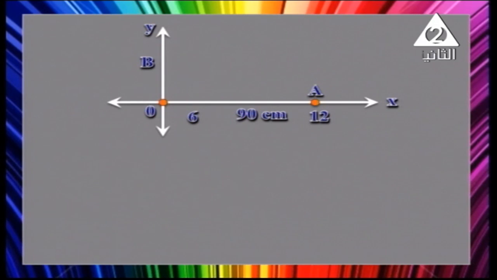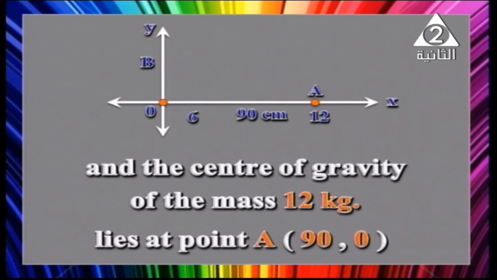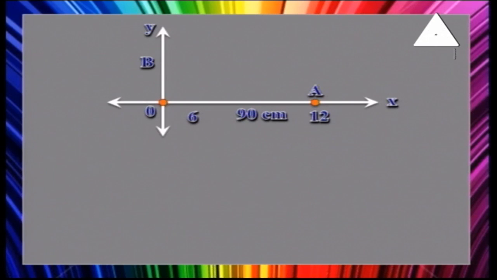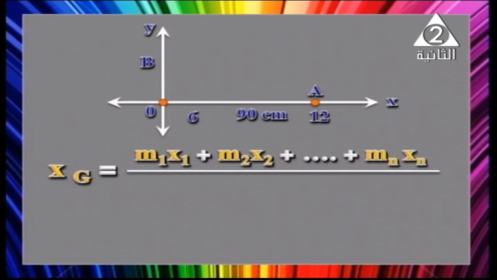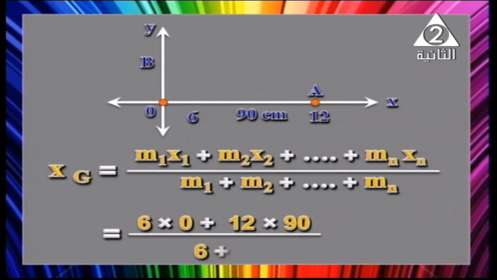The center of gravity of the mass 12 kilogram lies at a point A, 90 centimeter at x coordinate, 0 y coordinate. xg equals m1 x1 plus m2 x2 over m1 plus m2. By substitution: m1 x1 is 6 times 0 plus m2 x2 is 12 times 90, over the sum of the two masses 6 plus 12. The answer is 60 centimeter.